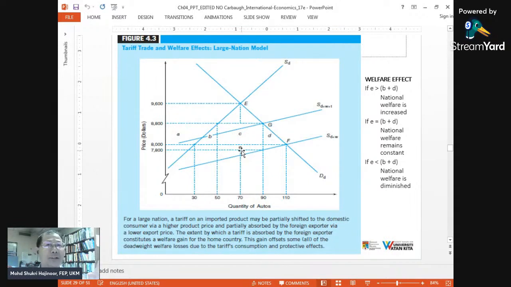So clearly negative for small nation, but for large nation, it depends on this. It is ambiguous. It depends on the difference between the terms of trade effect E compared with the deadweight loss B plus D. So I'll leave you with that.